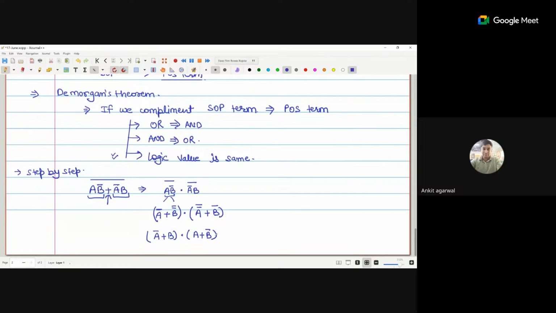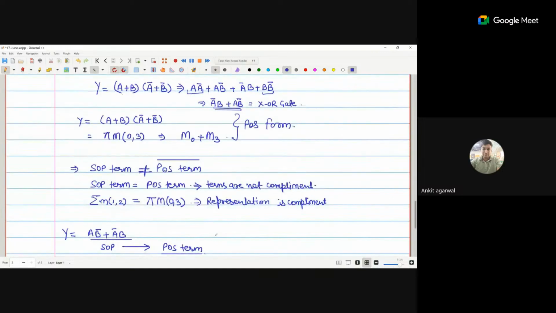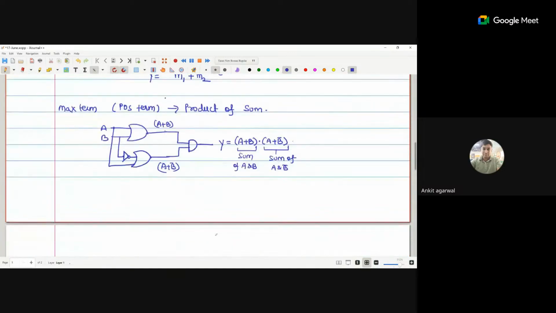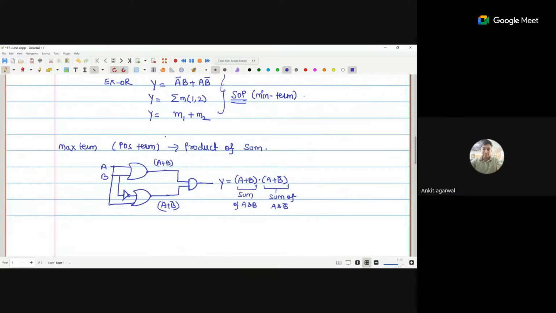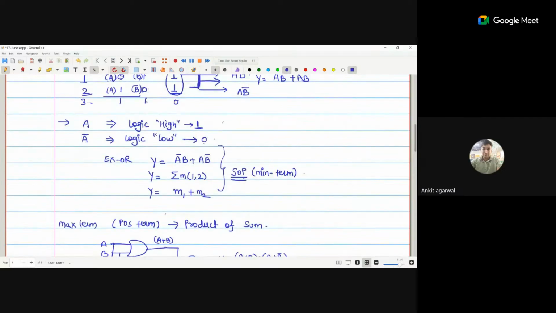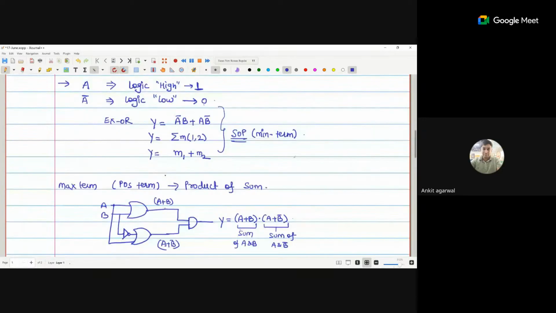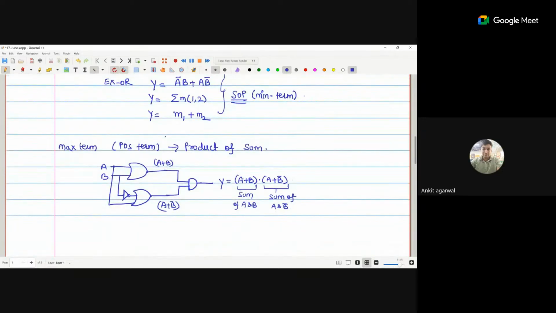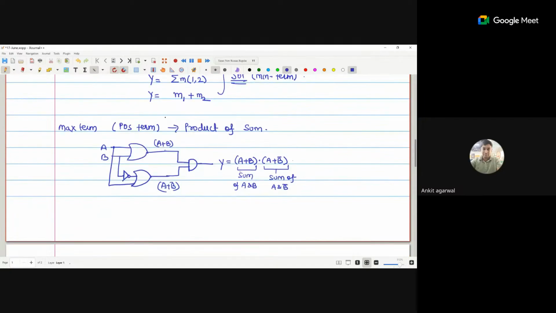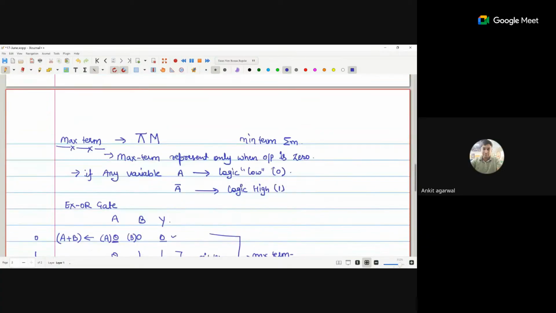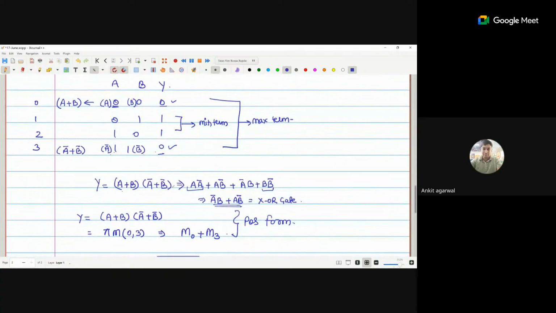Now, you know that the representation of the XOR gate in the SOP term is what? A bar B plus A B bar. If I take the complement of that, we are getting a POS form, that is A plus B bar and A plus B, sorry, here A plus B and A bar plus B bar.